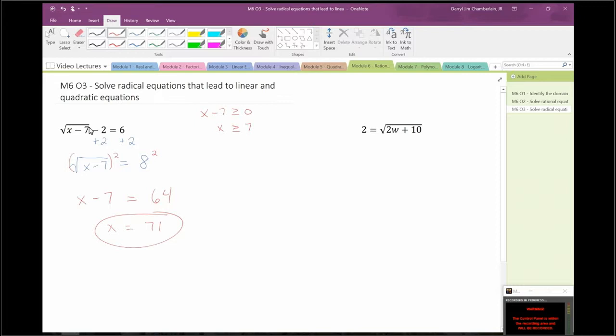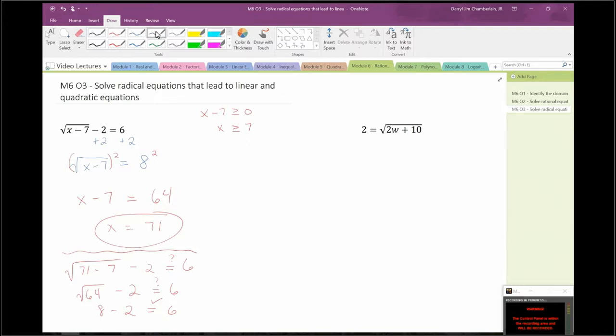And so in those cases, we normally say to plug it in and check that this is a proper solution. So we could have also done this and said, okay, is this equal to 6? Well, 71 minus 7 is the square root of 64. Is 8 minus 2, 6? Absolutely.